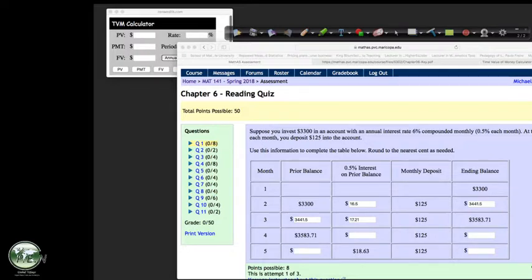We now have $3,583.71, and that matches the end of the line, so we know we're correct.